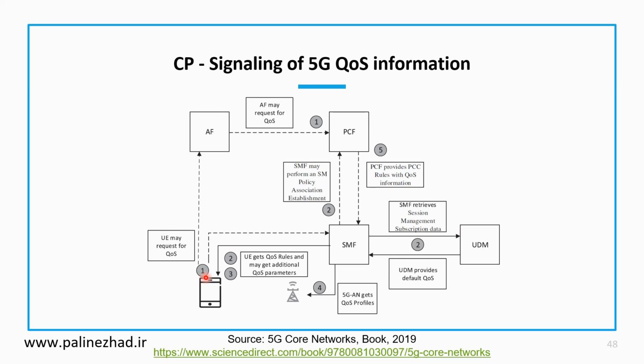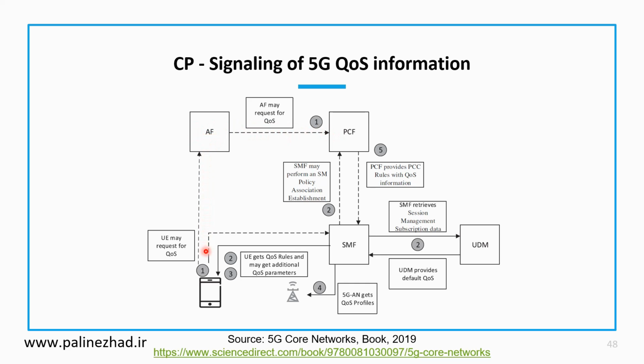typically a specific QoS is enabled by the subscription in UDM, and it includes some special default QoS and also maybe an application function request from PCF that I need a special QoS.